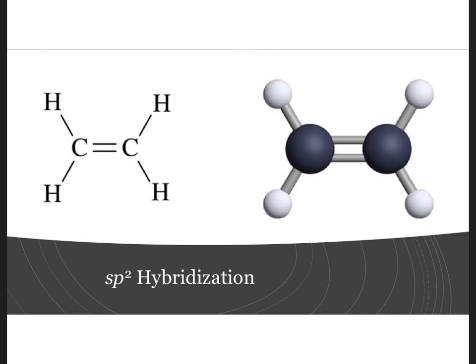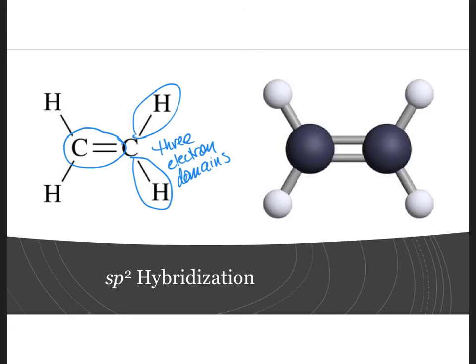In ethene, C2H4, each carbon atom bonds with three other atoms, two hydrogen atoms and one carbon atom. This requires a different type of hybrid orbital originating from the carbon atom, an sp2 hybrid orbital. This allows for three electron domains around each carbon because we use three atomic orbitals, s plus p plus p, to get three hybridized orbitals.